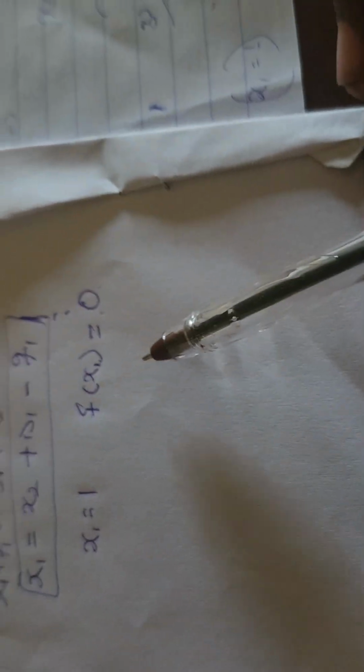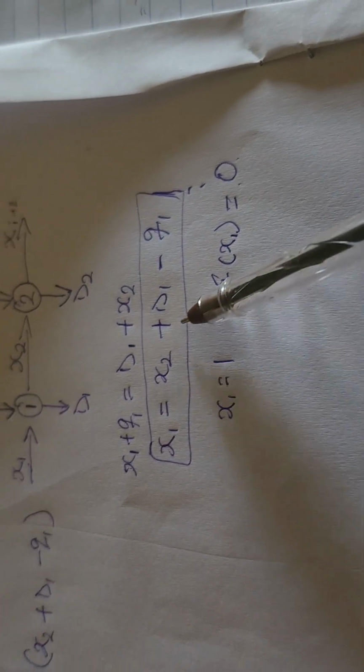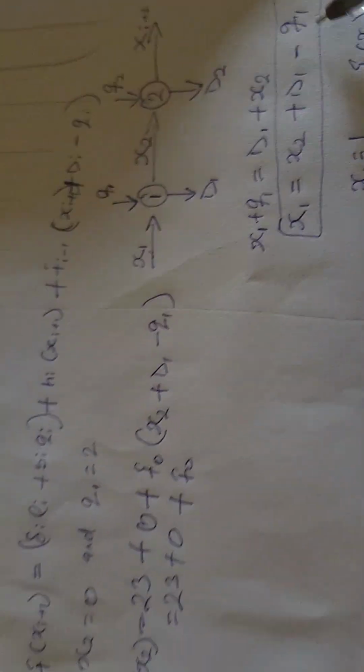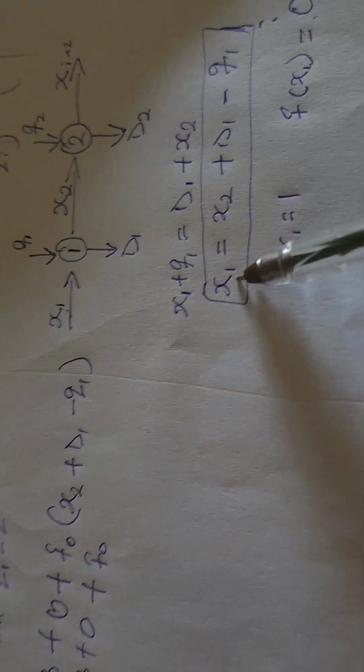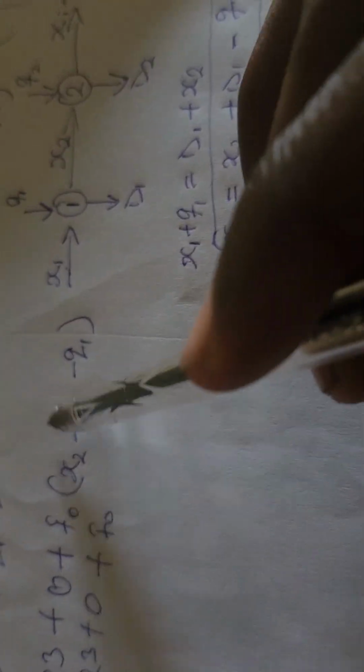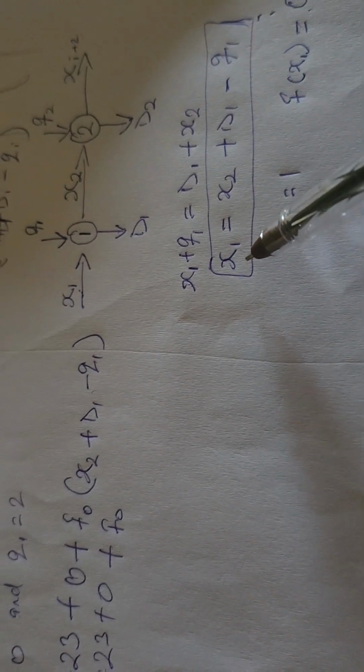From our schematic derivation here, our x2 plus d1 minus q1 is what? Our x1, right? So literally anything we obtain here will be equal to our x1.